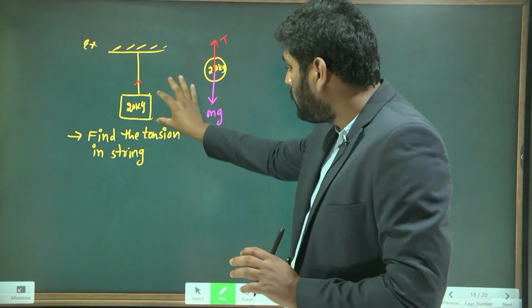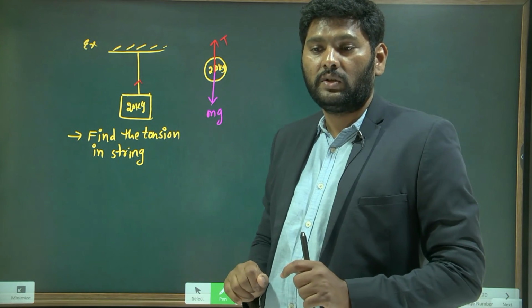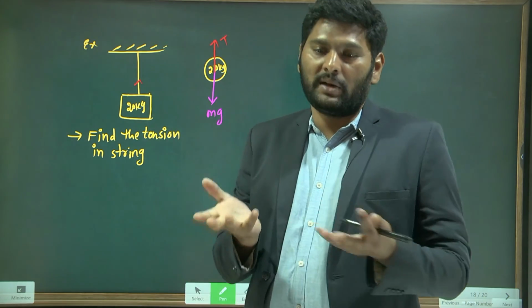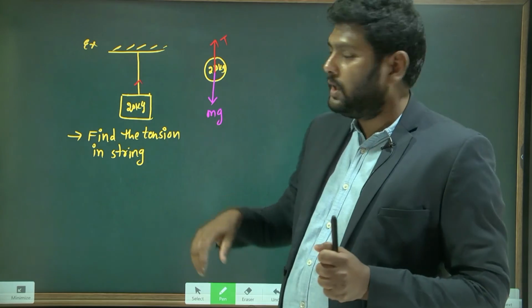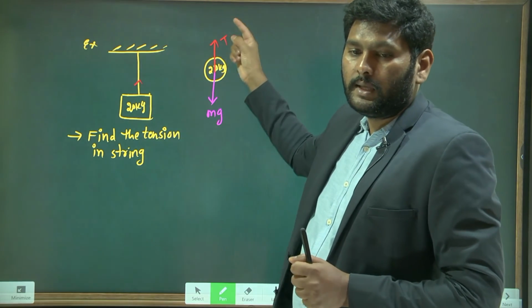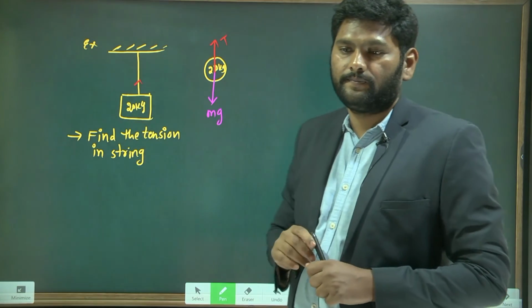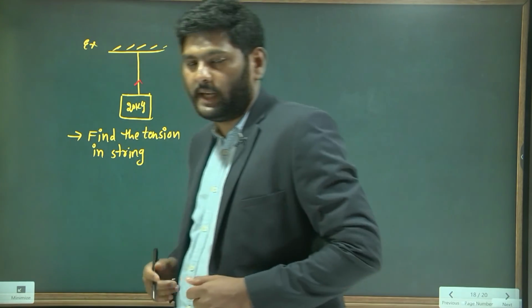Here, does this body have any contact with the surface? No, sir. So there is no normal reaction. The only force not allowing the body to move downward is the tension force applied by the string.